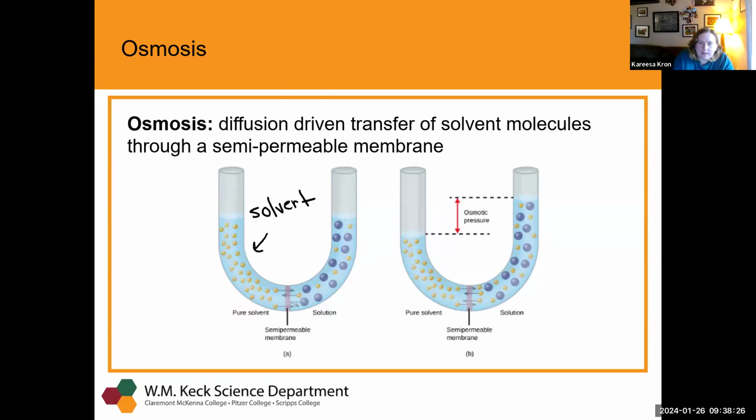And on the other side of our semi-permeable membrane, we have some solute and some solvent.